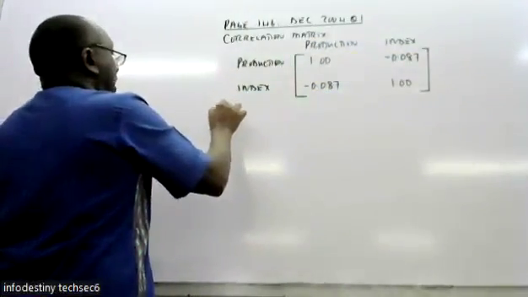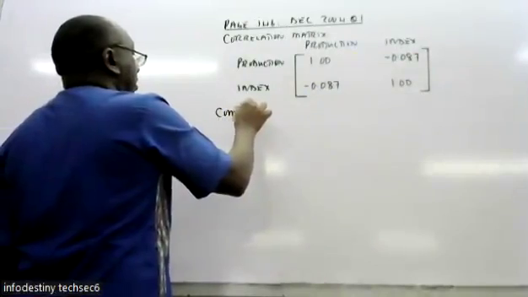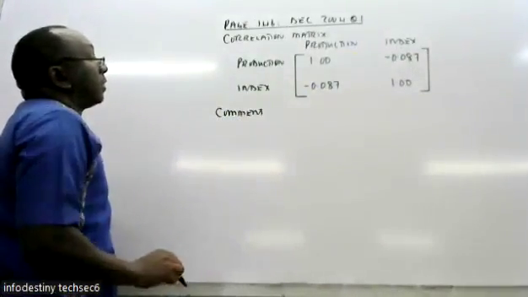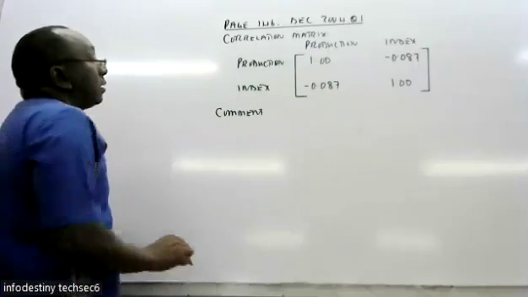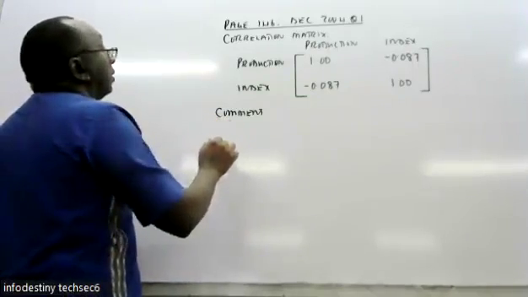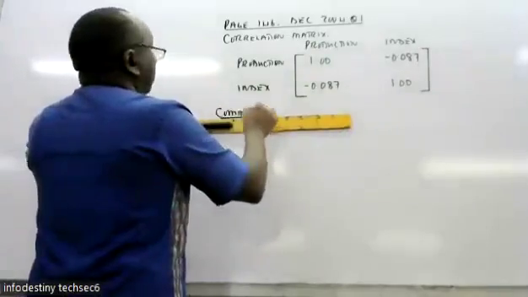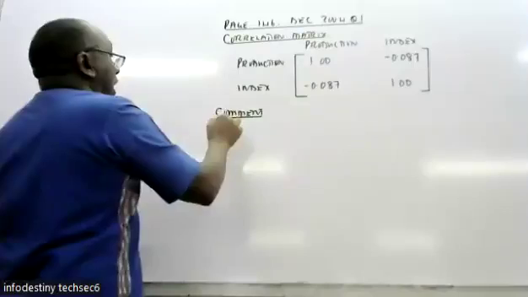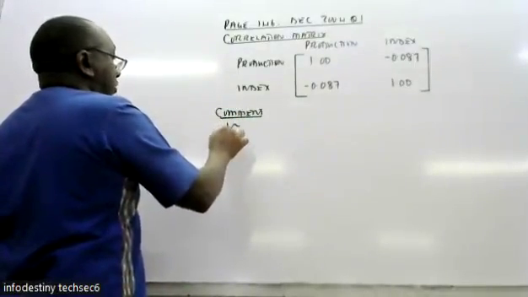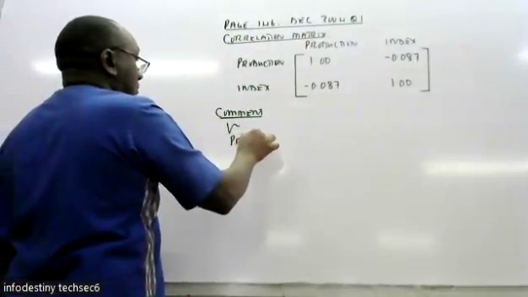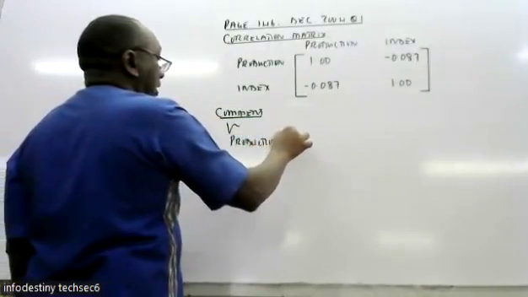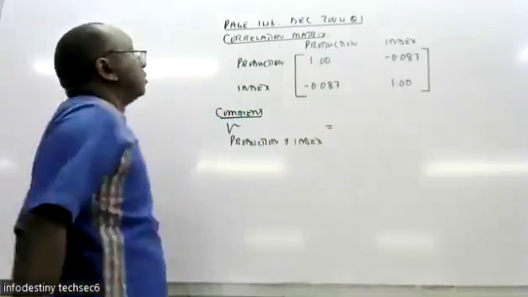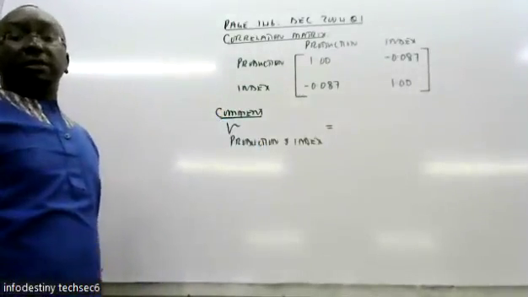So the comment that we can make now is between production and index, equals to what?